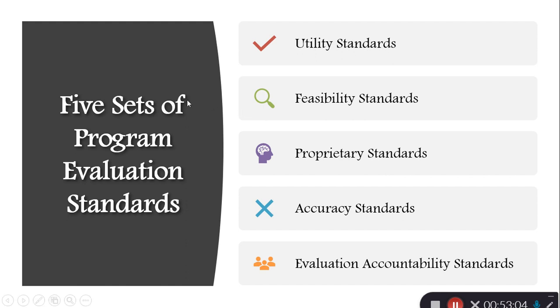The 5 categories are utility standards, feasibility standards, proprietary standards, accuracy standards, and evaluation accountability standards. It's very important to understand that program evaluators, particularly expert evaluators, operate by a particular set of standards, and these standards help us evaluate the quality of program evaluation efforts.